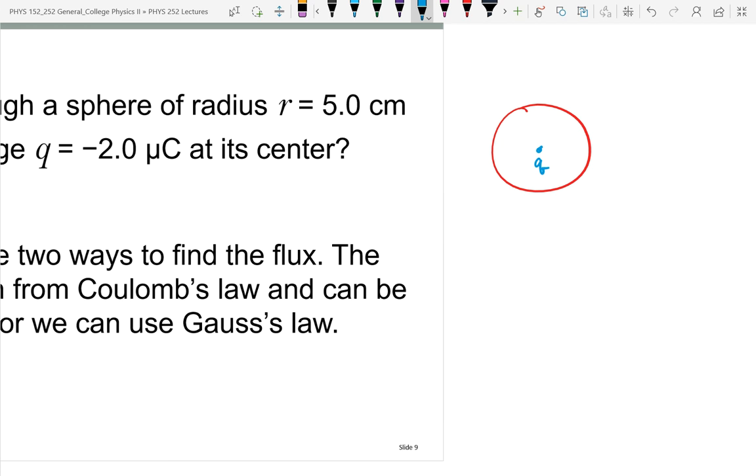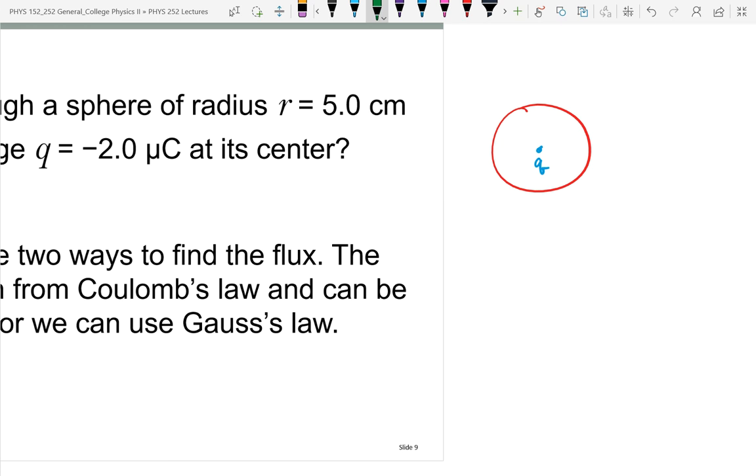But if I have this special symmetry of a sphere that is centered on the charge, then I can make the assumption that anywhere on this surface, I'm going to have the electric field pointing directly, since this is a negative charge, what direction is the electric field supposed to point?